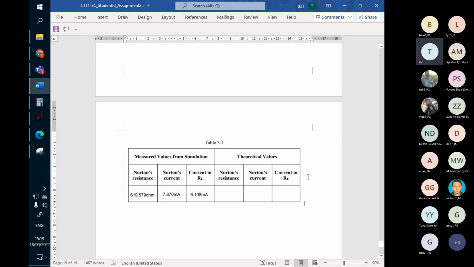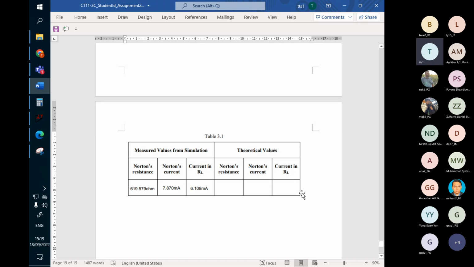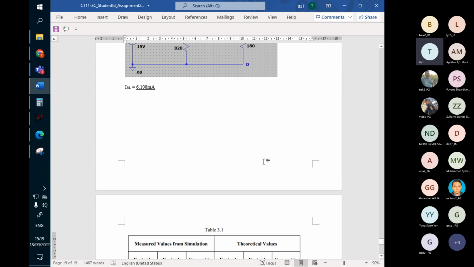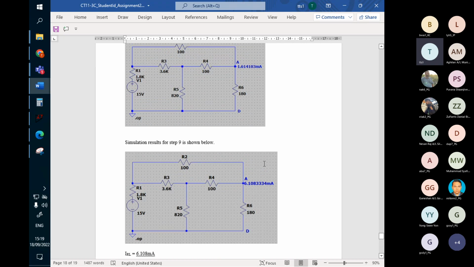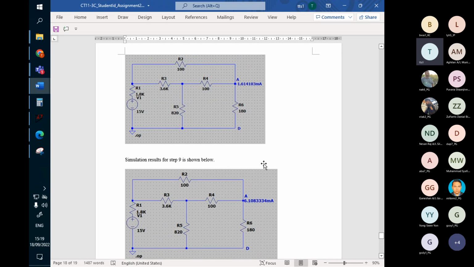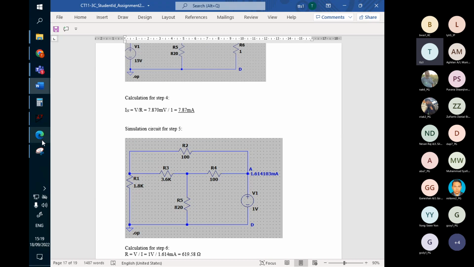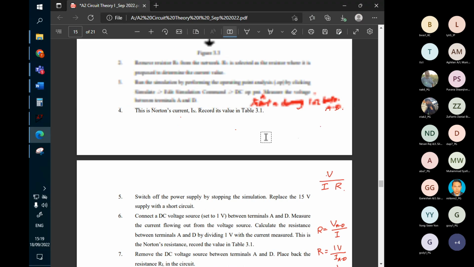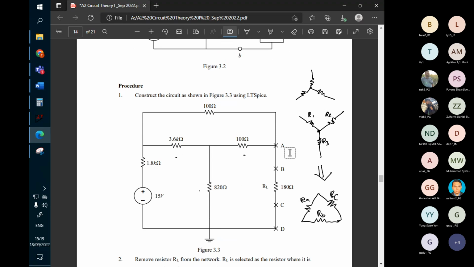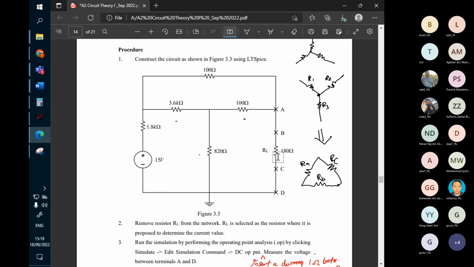So let me give you a bit of help here. Let's see how to find the Norton resistance with the formula without using any software. Let's look at the original circuit. Let me give some guidelines. But we have to take this out, this is not part of the original.